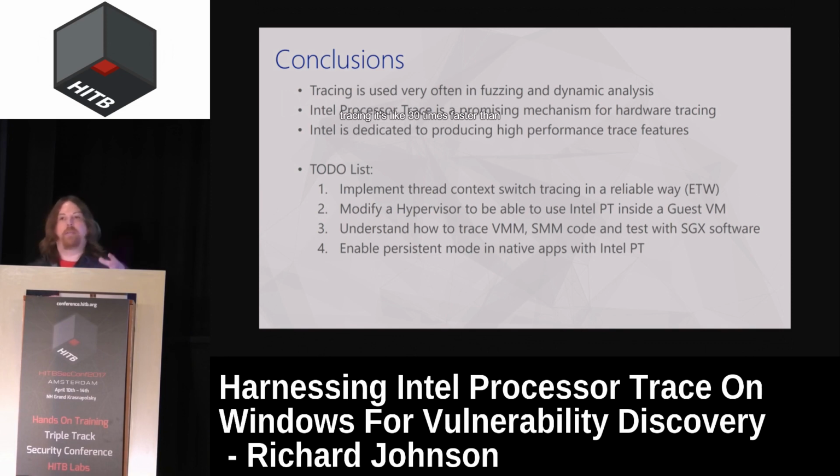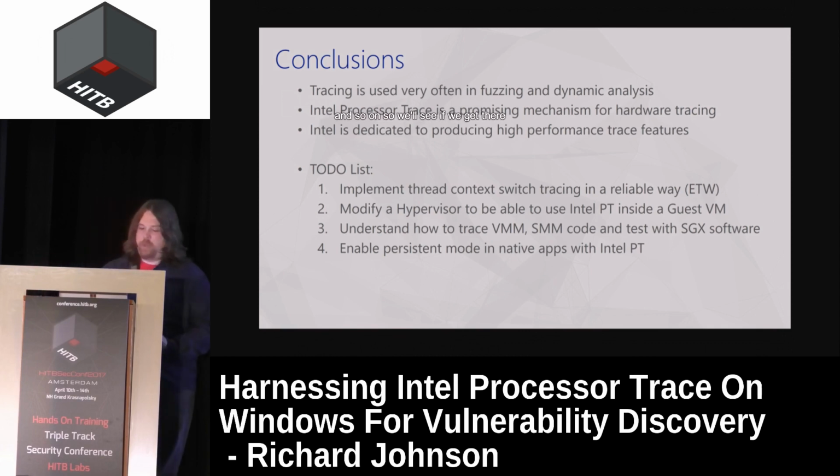It's like 30 times faster than the previous generation of supported tracing, if not more. Which tells us that Intel is actually dedicated to producing more interesting, dedicated silicon for doing things like security analysis and so on. My hope is that someday they will put some sort of data flow tracing capability into the processors so we can do things like online taint tracing that are efficient and so on. So we'll see if we get there.